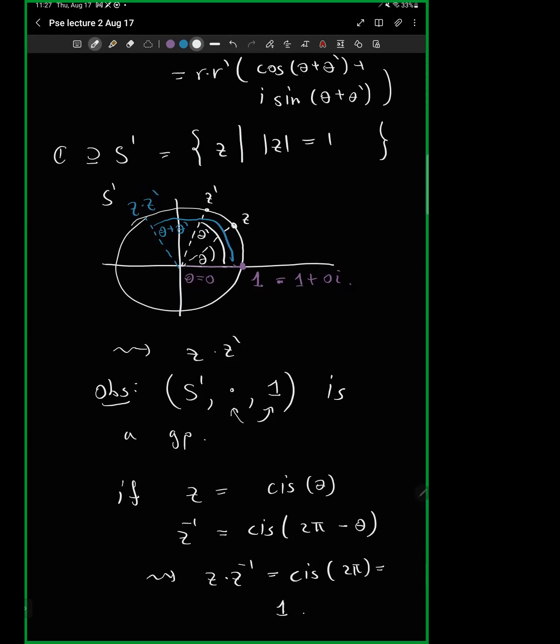So this is an example of a group which is also a geometric object. Geometric can have different meanings, but for example, you can look at it as the set of solutions to the equation x squared plus y squared minus 1. This is the circle.